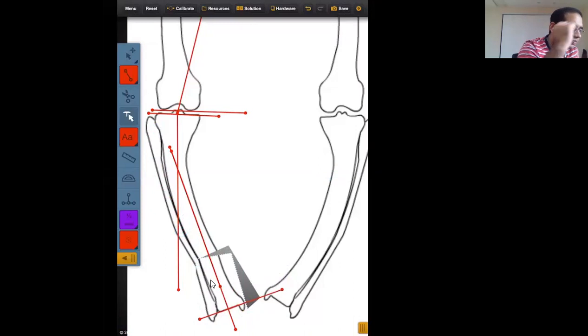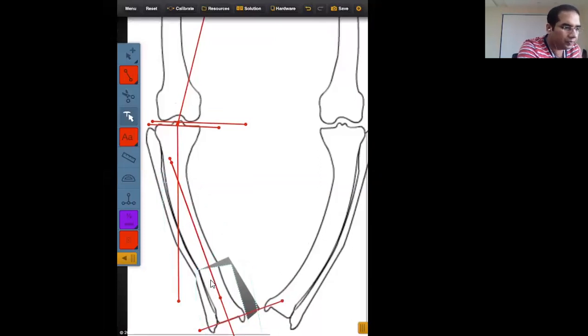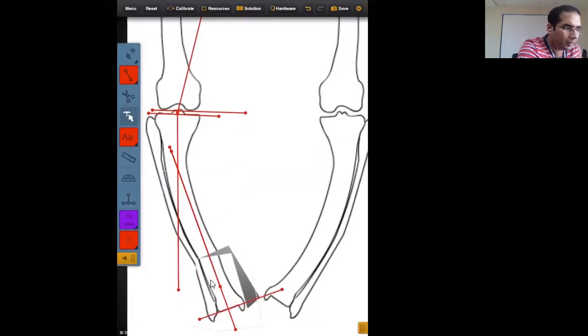Now for the above deformity, I'm going to do another osteotomy on my planned site.